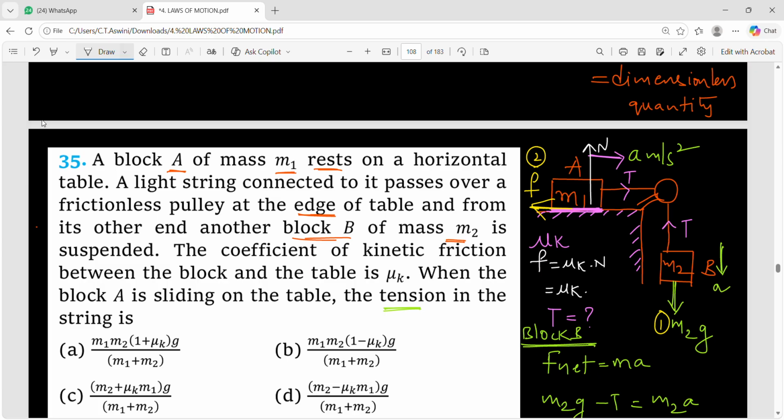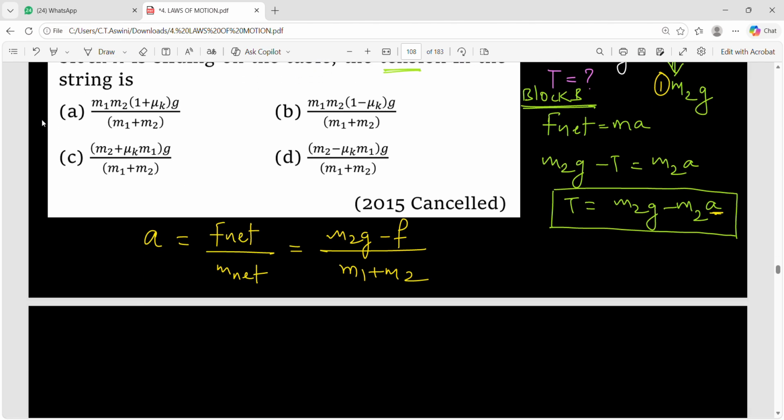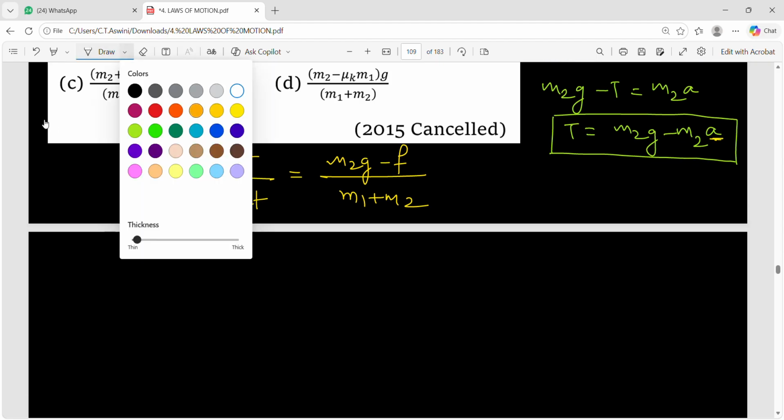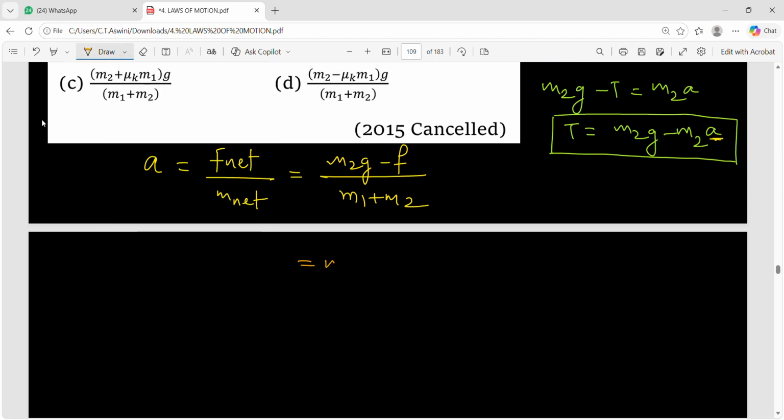This is a normal reaction, so this is equal to its opposite force, that means m1 into g. So mu k into m1 into g. So just substitute that value here. a equals m2g minus mu k into m1 into g, upon m1 plus m2. Clear?